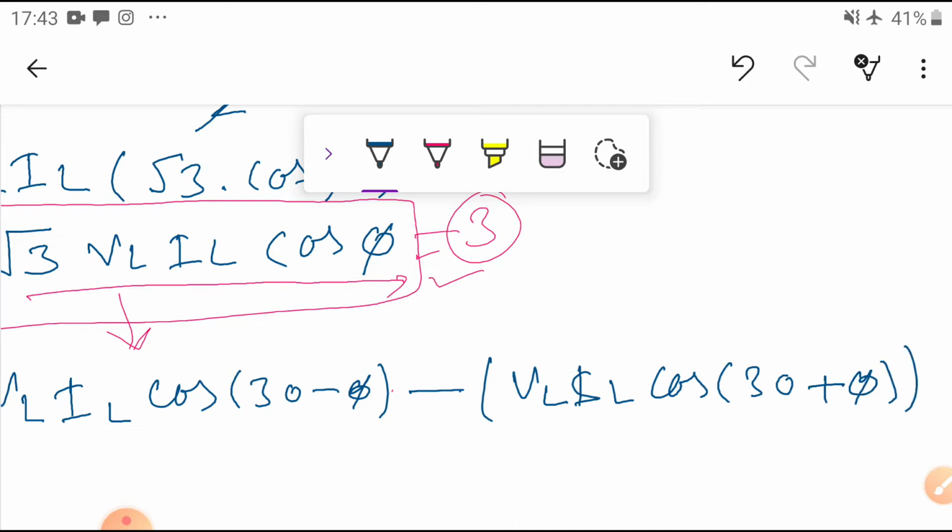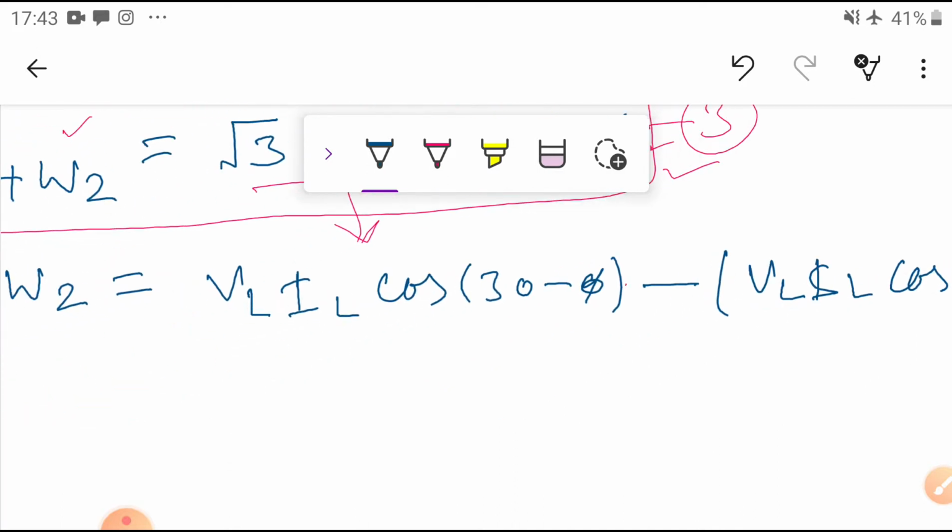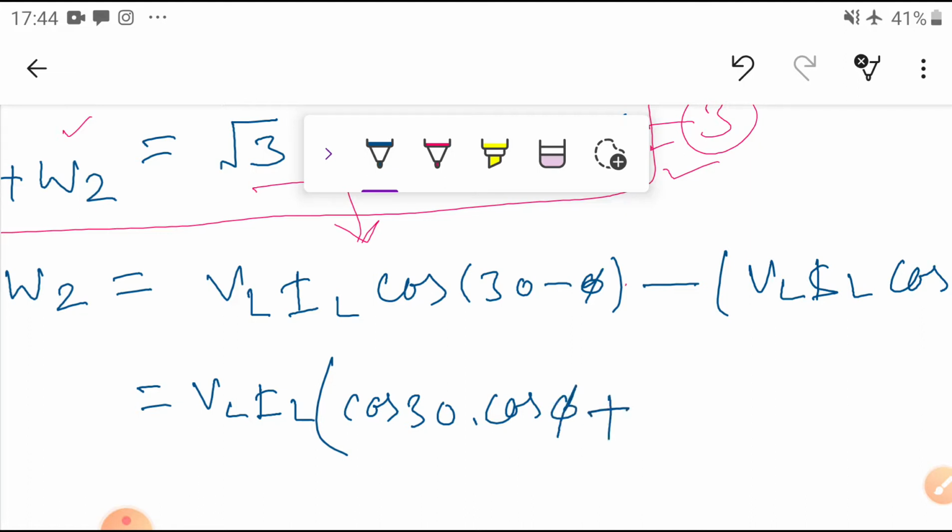Same equation, a minus value only. So what will happen? I can take VL IL and take it outside. Here I am going to get cos 30 cos 5 plus sin 30 sin 5.